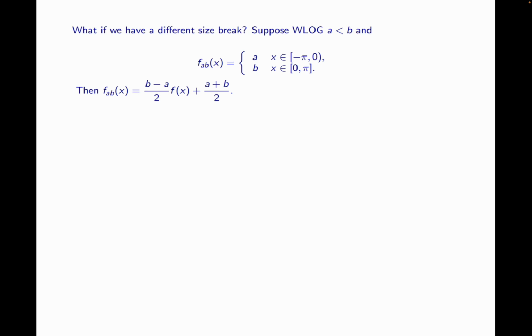But notice that this is just a scaling of our previous f plus a constant. In fact, fab is half the gap size times f plus the gap average.